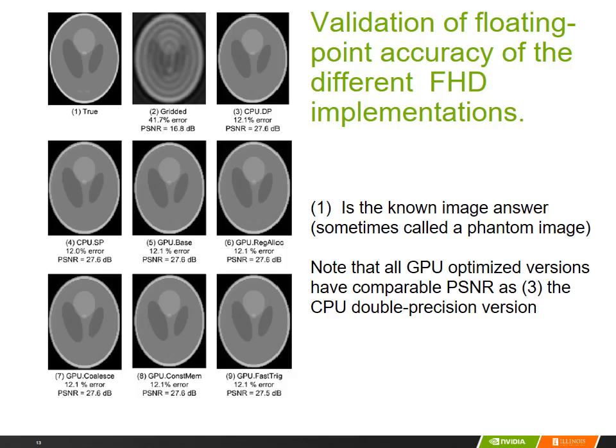We did not talk about the GPU coalescing optimization, so we will not discuss number 7. And for number 8, we use the constant memory, and it should not affect the accuracy. So we would definitely be generating the same percentage error and signal-to-noise ratio.